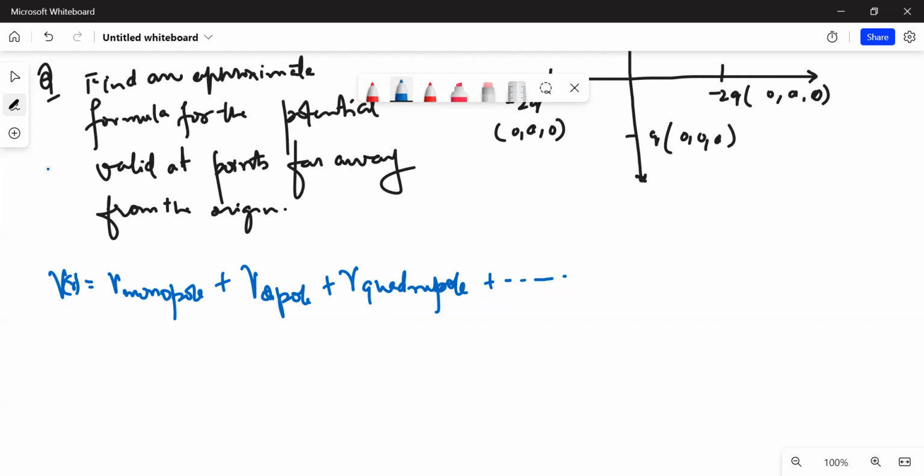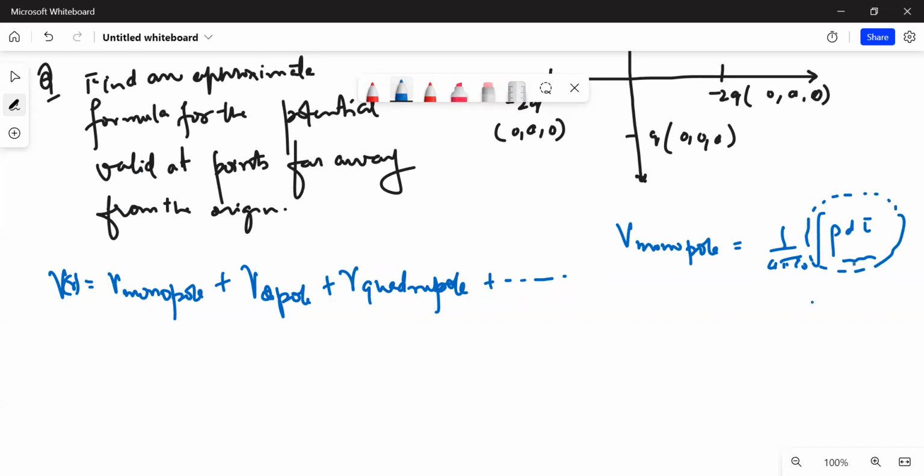Now what is V monopole? If you remember, V monopole was given by 1 upon 4 pi epsilon naught times the integral of rho d tau. If the charge is distributed uniformly along the volume, then it is rho d tau. If it is distributed along the surface, then it is sigma dS. And if it is distributed along a line, then it will take the form of lambda dl. Overall, this represents the total charge of the system.